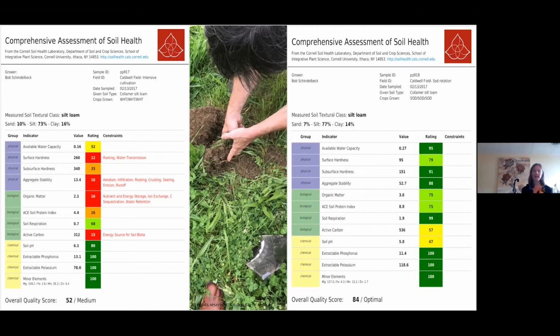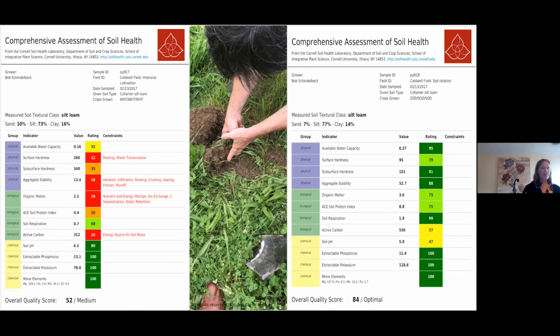This gets at one of those first slides I showed you when I was talking about comparison sampling, or approaching sampling with a question. The other thing this provides us is an aspirational goal, right? Let's say you're trying to manage the soil on the left. It's really nice to have an idea of how good you could possibly get it. So it's a more realistic idea and goal for the long-term improvement of your soil health.